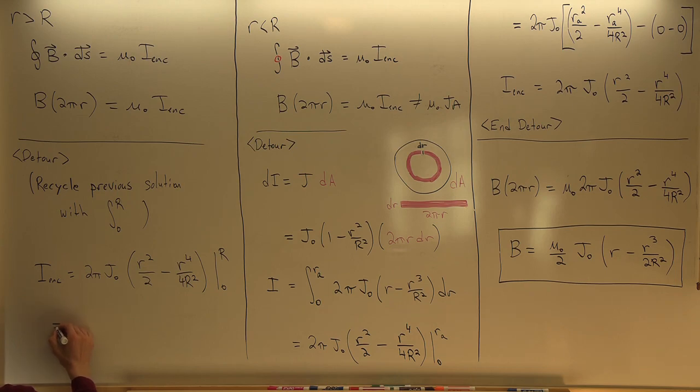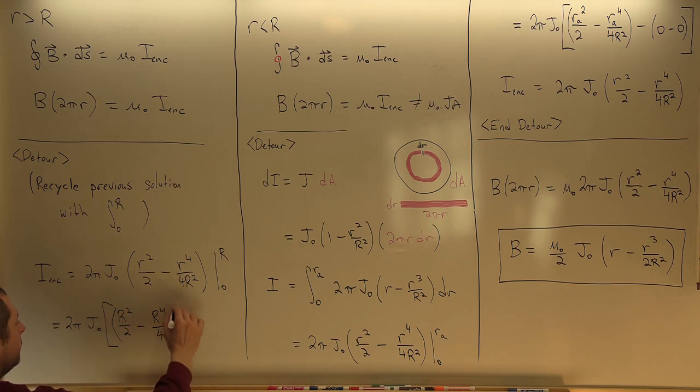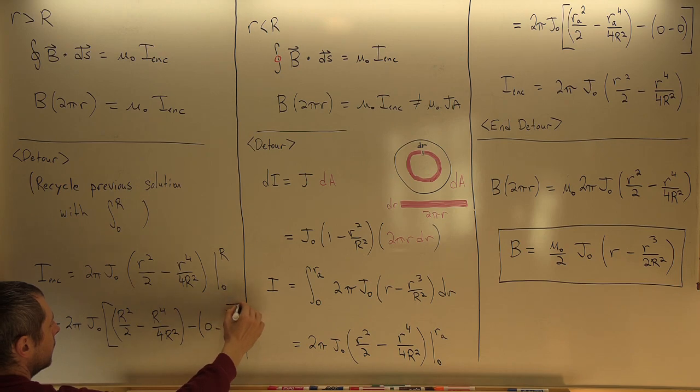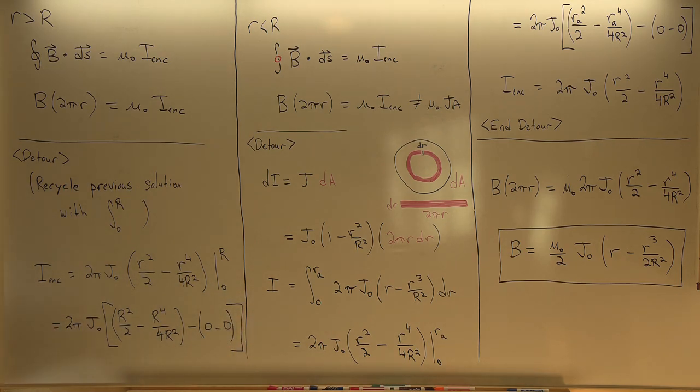So now I just have to plug in that new limit. And there it is. I plug in capital R first, here and here. That's what's here and here. And then I plug in 0 next there and there, which makes just 0 minus 0.